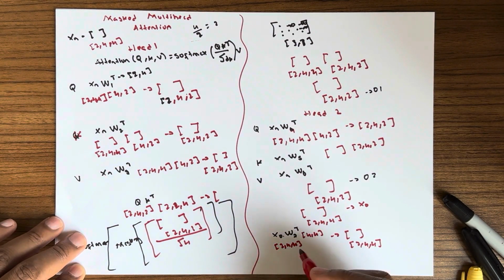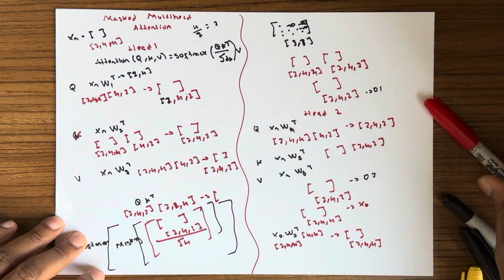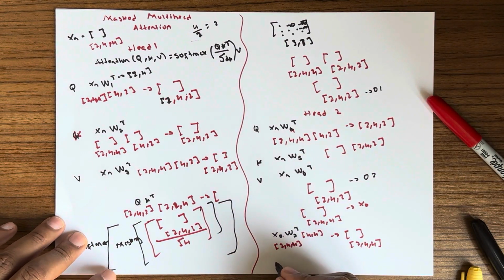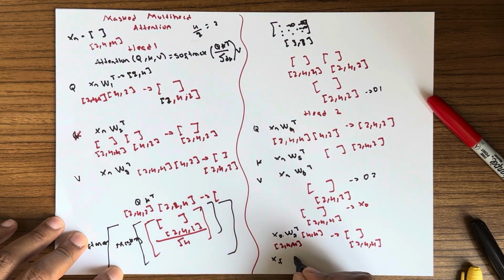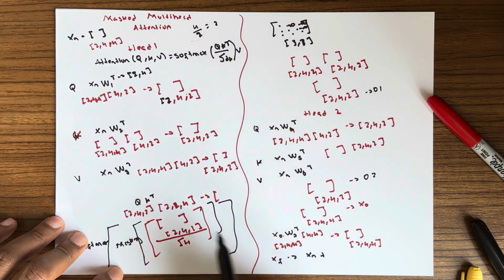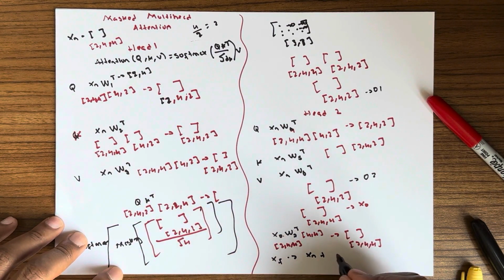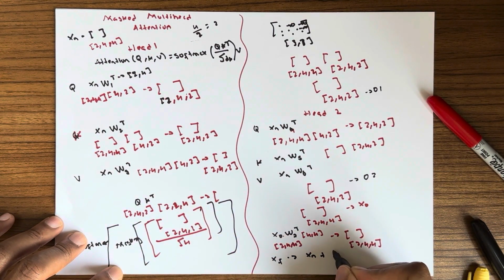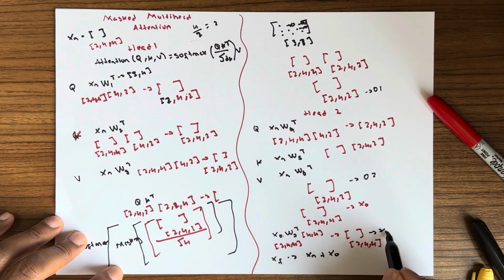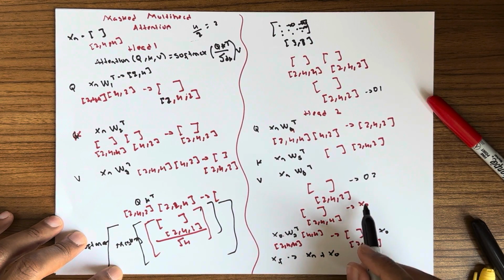So let's say x final is xn, this xn that we got in, plus x output, which is the updated x output.